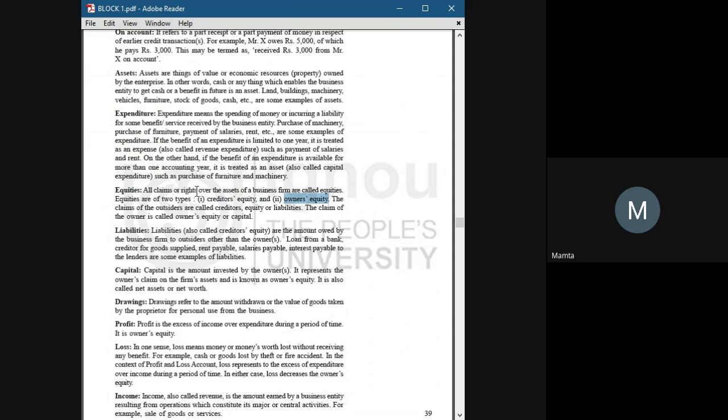And creditors equity is if the owner has loaned some money from someone, then it is also known as creditors equity. If someone outside the business is investing in your company or your business, then that is known as creditors equity.